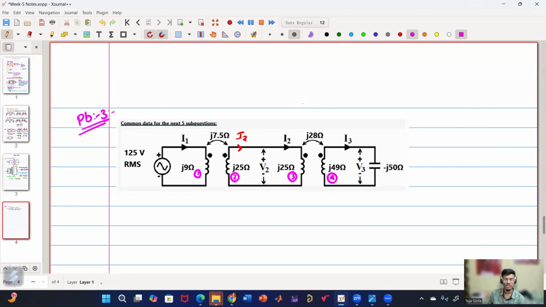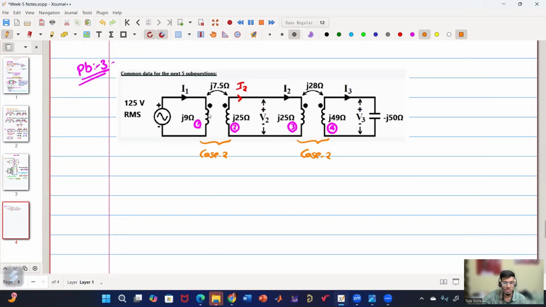Coil 1 and 2, whether they fall under case 1 or case 2? Case 2, sir. Case 2. And coils 3 and 4? Also case 2. Very good. Now, how many voltage sources do we have to draw for each coil in this case?